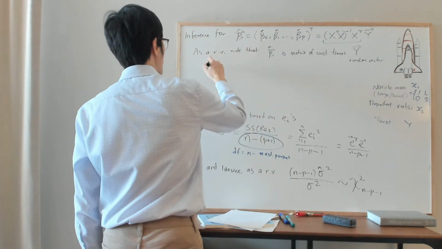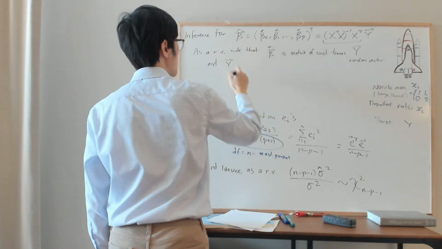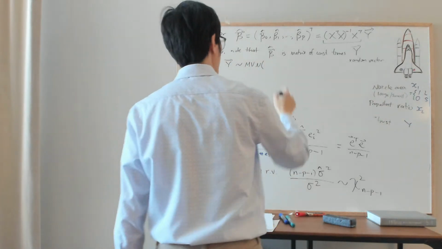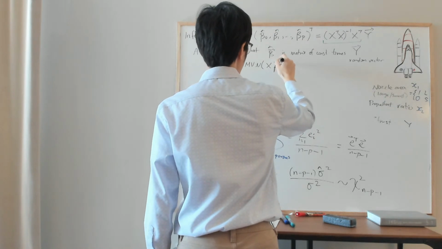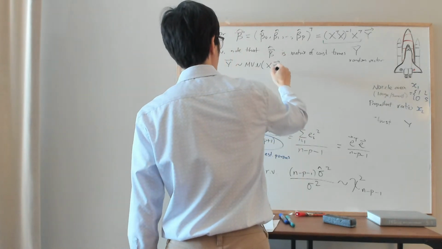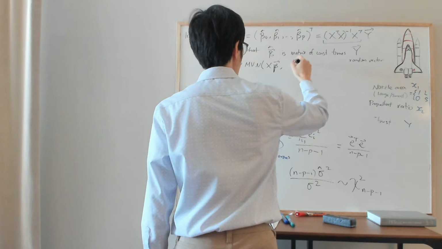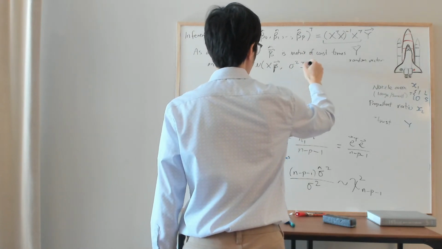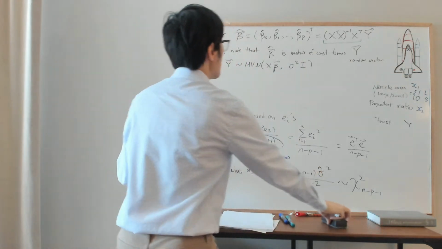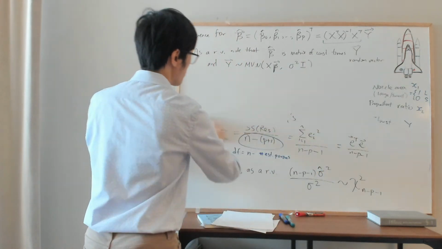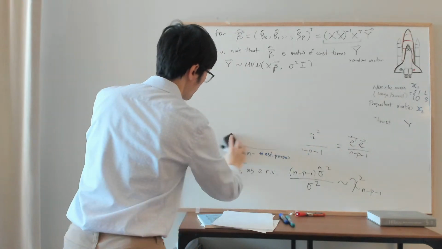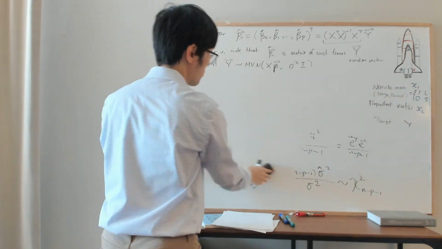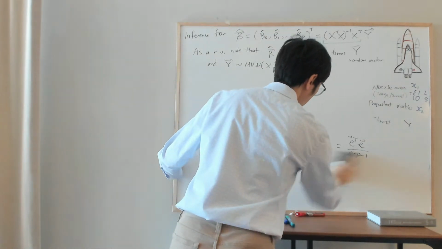Specifically, y is multivariate normal with mean x beta, the true unknown beta, and variance-covariance matrix sigma squared identity. So now we can use facts about random vectors and multivariate normal to derive the distribution for beta hat.